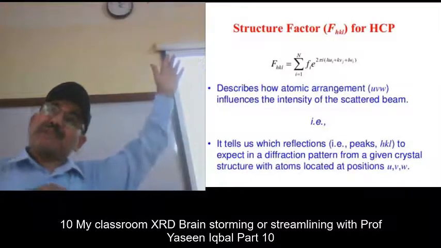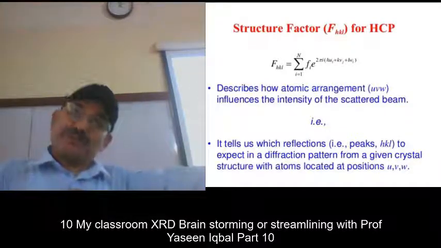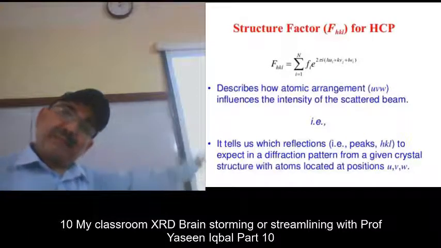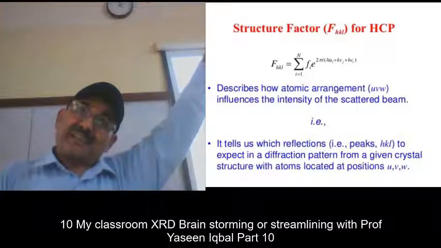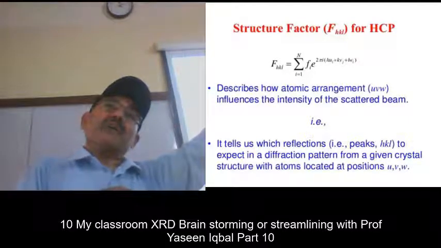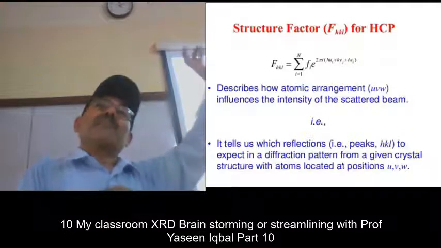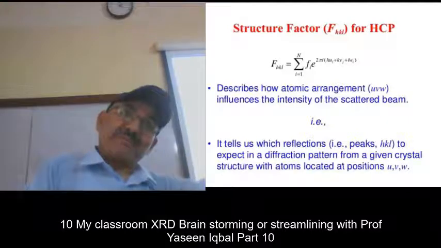So if the plane is, for example, 100, and the beam is incident upon that plane, then it is diffracted from a different bunch of atoms.